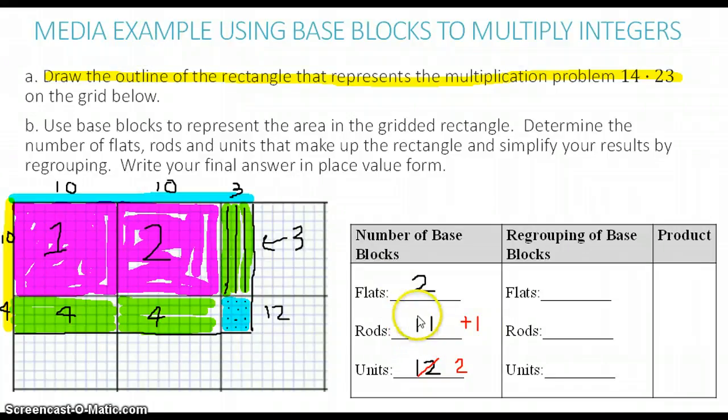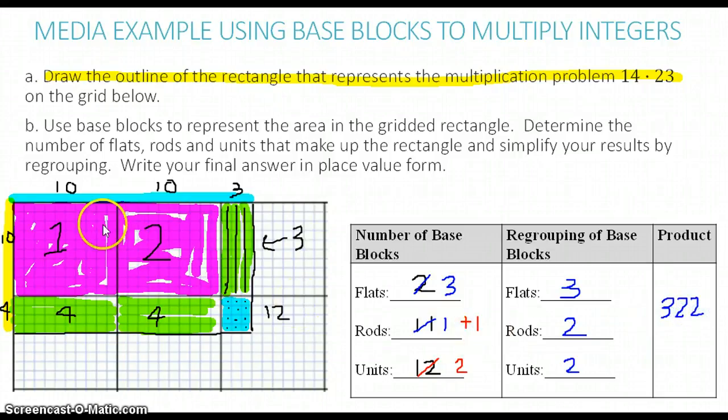But we know that 10 rods gives us 1 flat, so we're going to cross out this, make 1 flat, and we're going to add 1 to this to make it 3 flats. So now our total is 3 flats, we have 2 rods, and 2 units. So our product is 322.